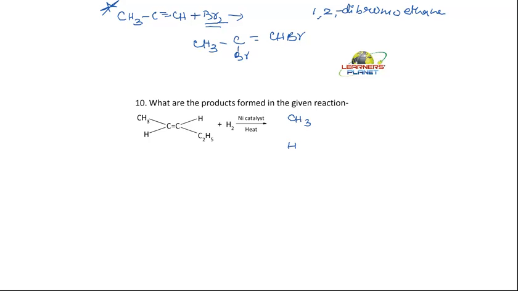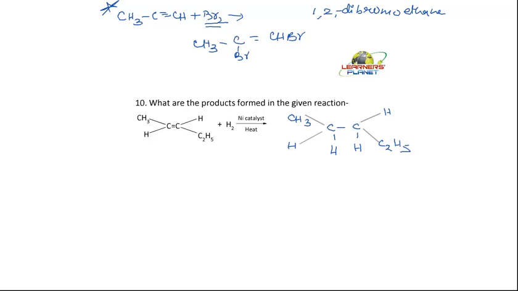It should be CH3, H, and there is a double bond over here, that is C. Okay, there will be addition of a hydrogen, and there is again a hydrogen and C2H5. So this is H and this is C2H5. So what we have got is a saturated compound.